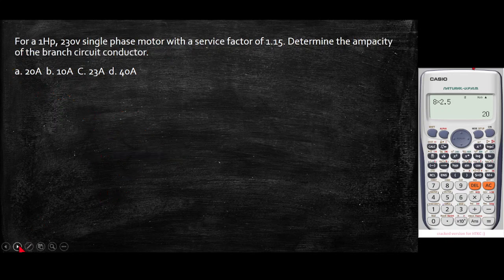For a 1 horsepower 230 volt single phase motor with a service factor of 1.15, determine the ampacity of the branch circuit conductor. Yan. So kapag ang ampacity, ang i-multiply nyo is 125% or 1.25 doon sa full load current. Okay? So siguro 3 minutes to answer this one, and kindly put your answer on our chat box. Okay?